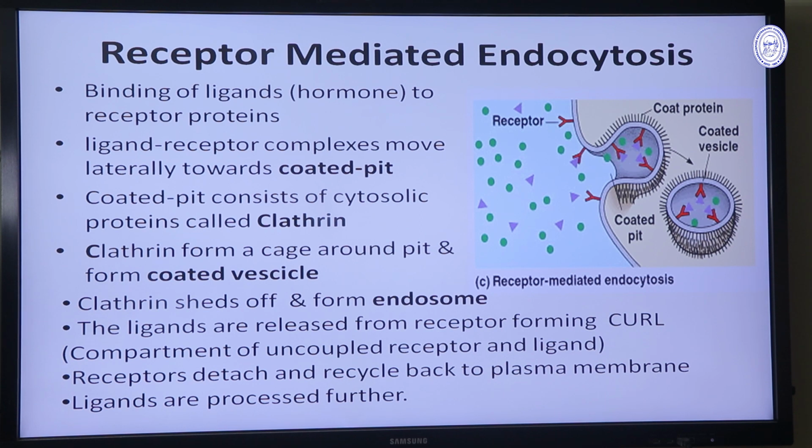Now, the receptor part of this vesicle will be detached from the ligand part and recycled back to the plasma membrane, so that it can catch more such ligands again, and the ligand part, that is in the endosome, will be processed further.